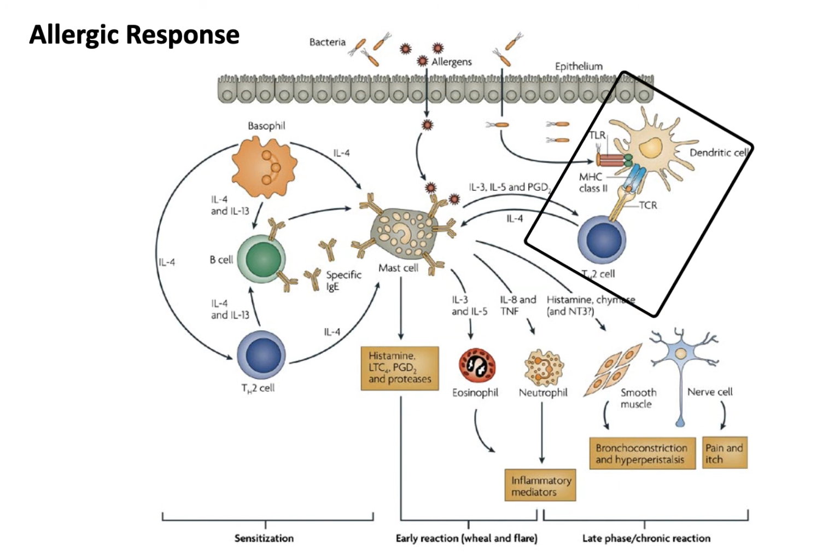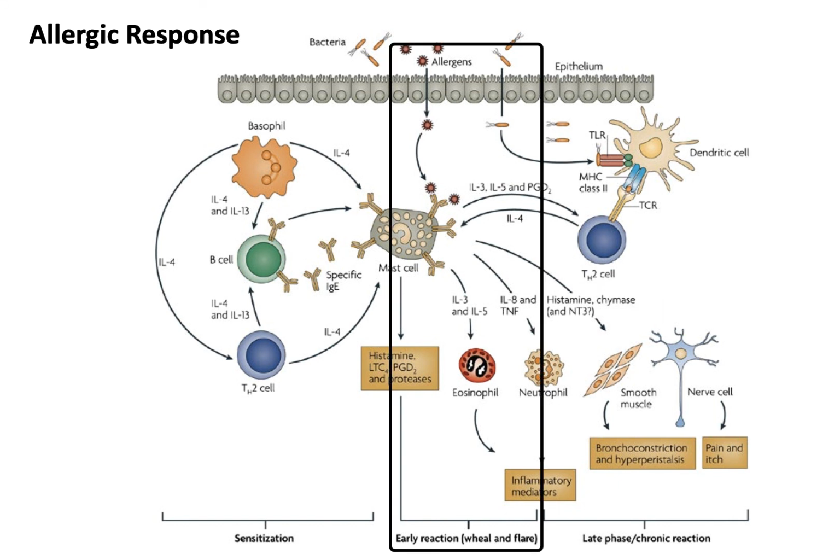These reactions are also influenced by the antigen being presented by the dendritic cell to T cells, which will then cause proliferation of the mast cells and cause them to produce more histamines. So then you get an early reaction, which is less extreme than future reactions.